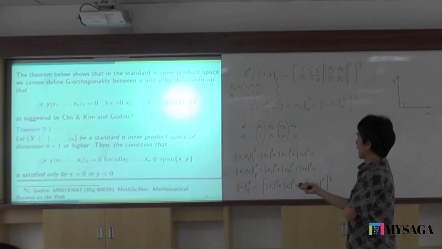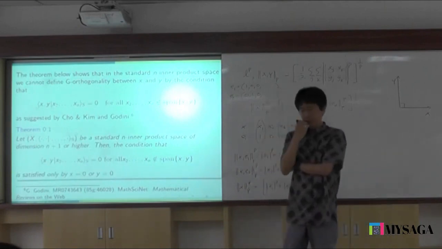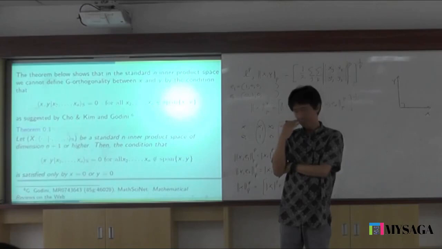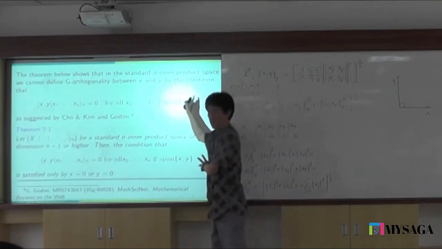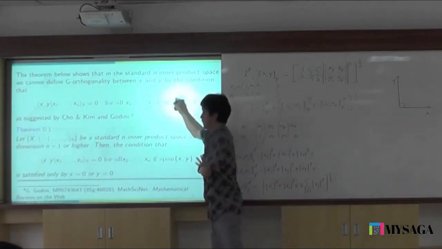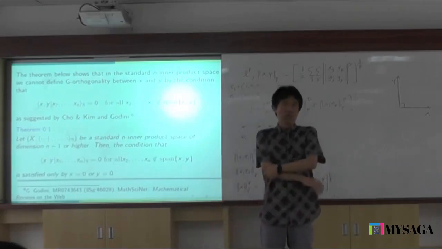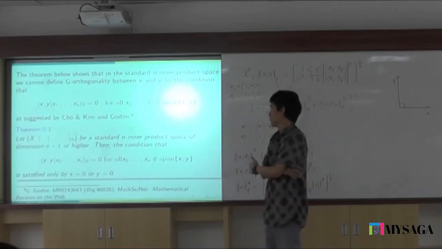But actually, after this, this is what happened really. So my feeling at that time, this cannot be right. This is too strong. First of all, this is not a space. The complement of this is not a space, right? So we were thinking, and then we found the result.